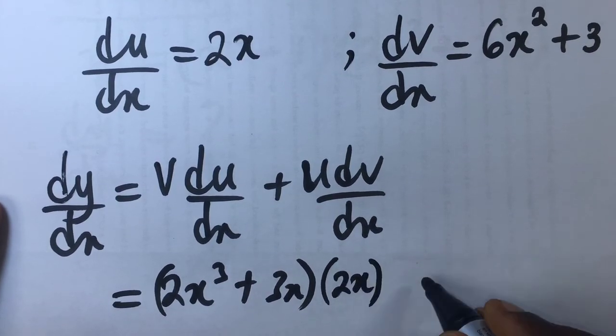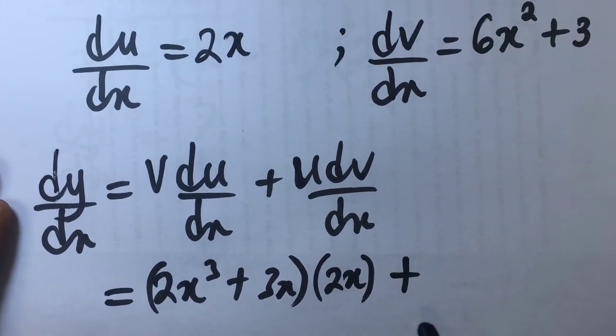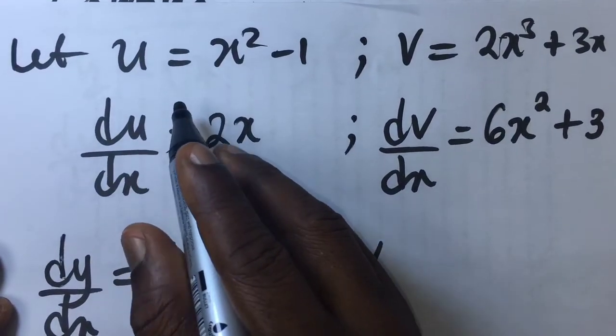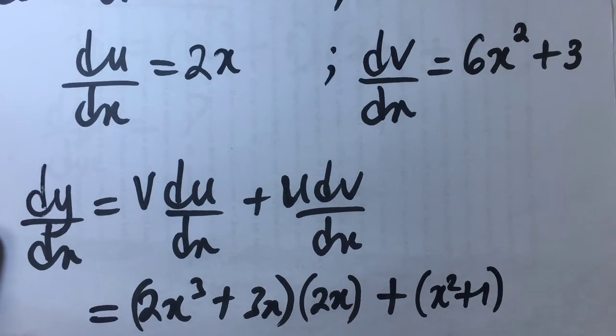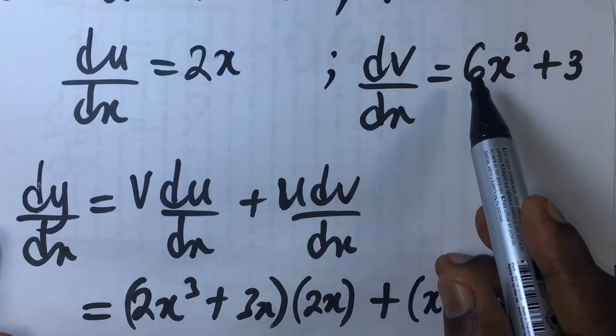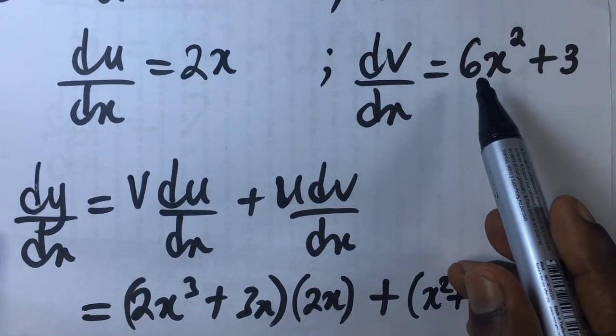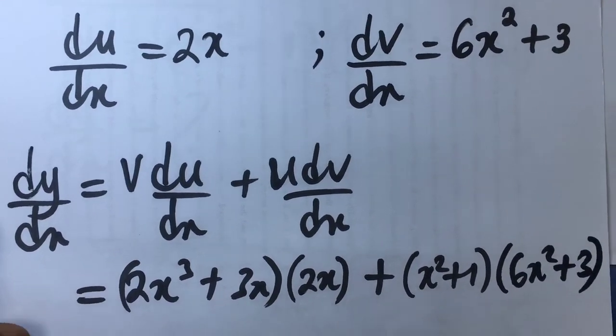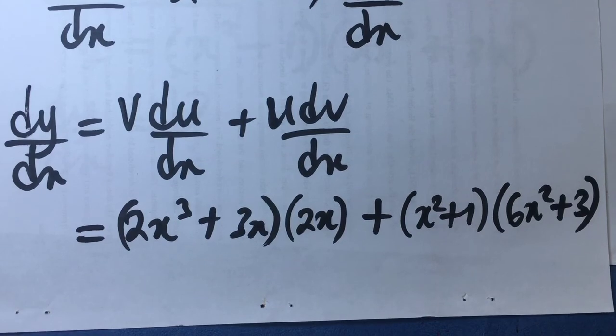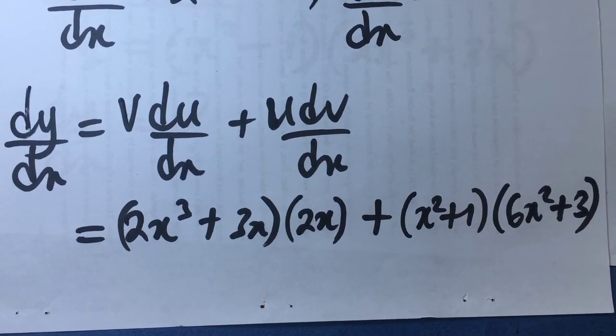It's 2x. What is our u? Our u was given to be x squared minus 1, so we'll bring it here, x squared minus 1. And what is our dv dx? Our dv dx is obtained to be 6x squared plus 3. And this is the result. So when you differentiate the function we've been given, this is what you are going to obtain.